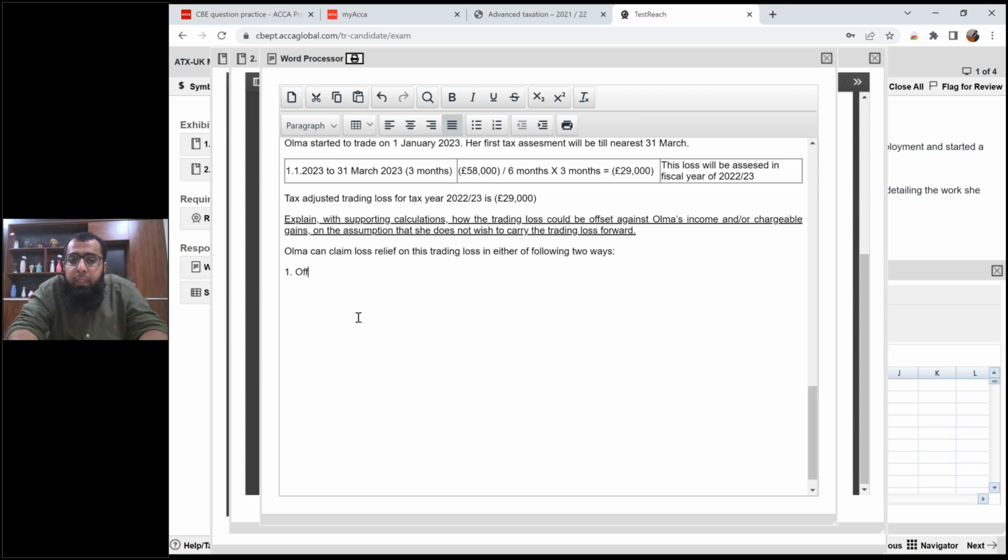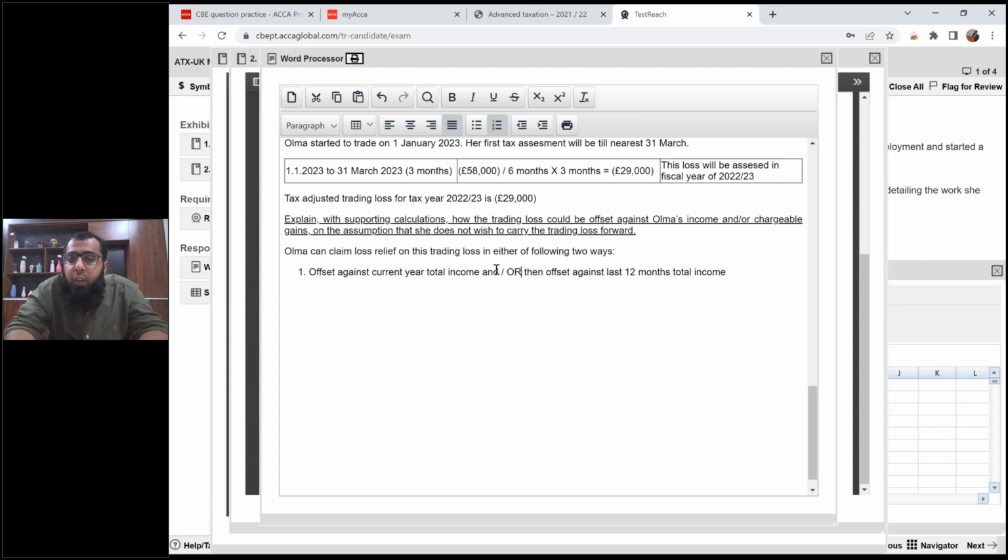Number one is offset. She can treat it as a normal loss, offset against current year total income, and then offset against last 12 months total income.